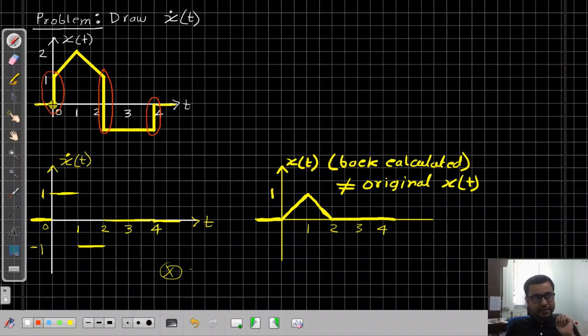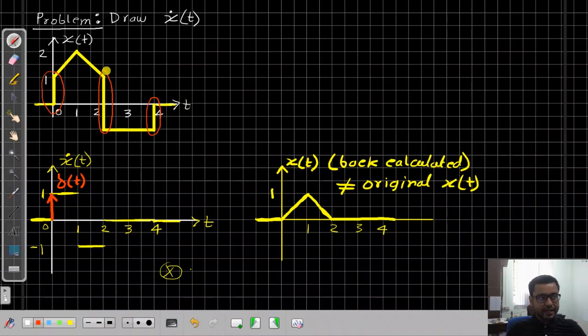Anytime you have a step increment, you have to add in the derivative a delta function like this. So here I have a step increment of an amount of 1, 0 to 1. So I shall add a delta function, delta of t, with height or strength equal to 1.